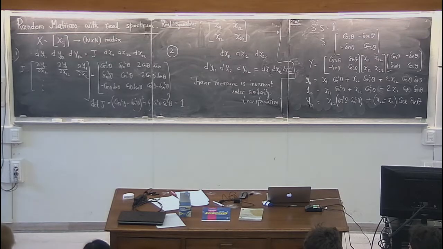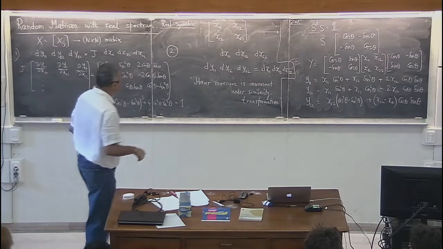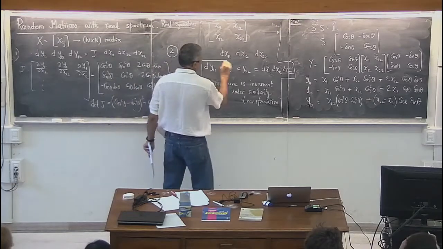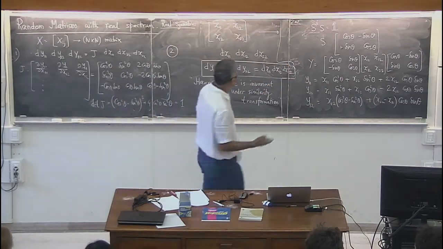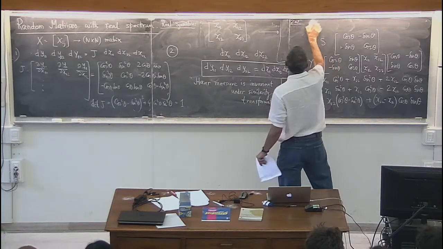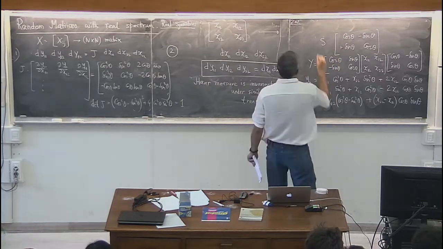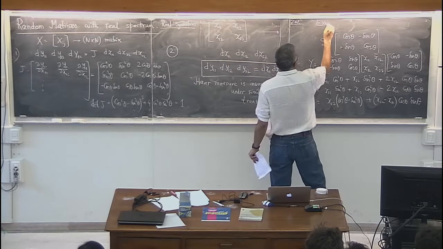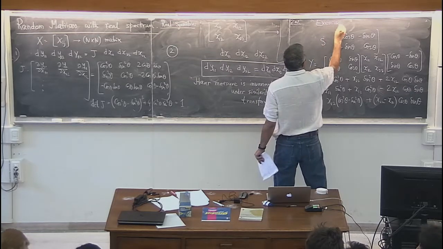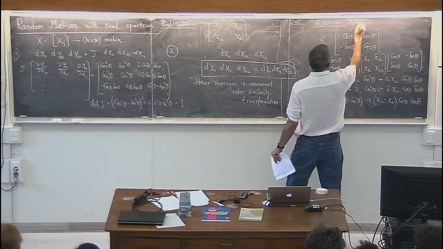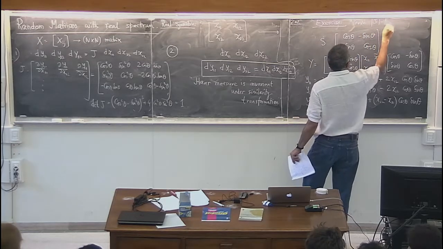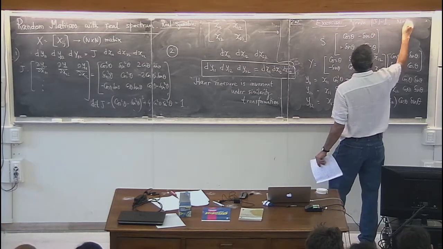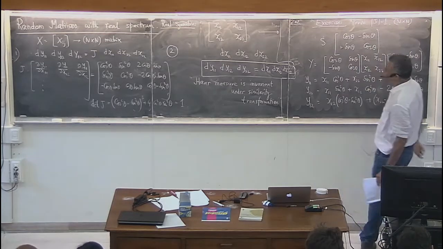So this is the statement, right? Now the exercise: prove that this determinant of J is 1 for n by n matrices.